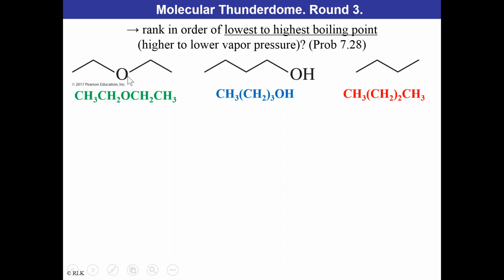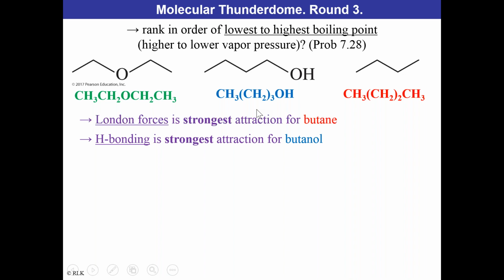Although it also has the 2 lone pairs of electrons, there's not a whole lot of extra hydrogen atoms present that are going to be able to bond with that. So this gives rise to an interesting scenario. Although both the ether and the alcohol have oxygen, and they both have the same number of lone pair electrons, do they have sufficient hydrogen atoms available in order to bond with them? And that's not going to be the case.